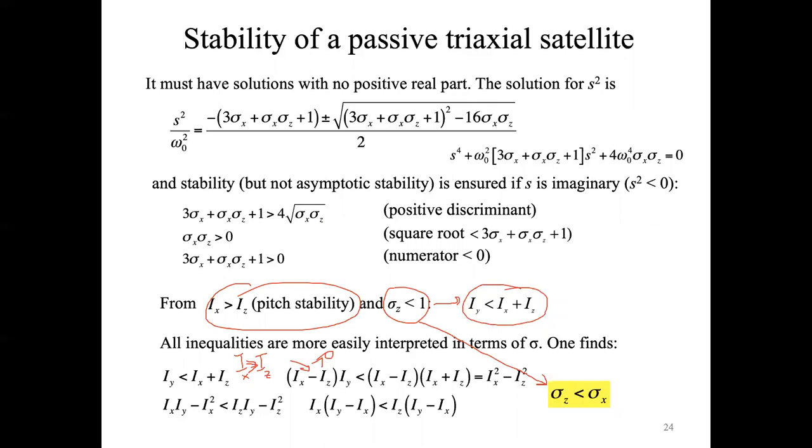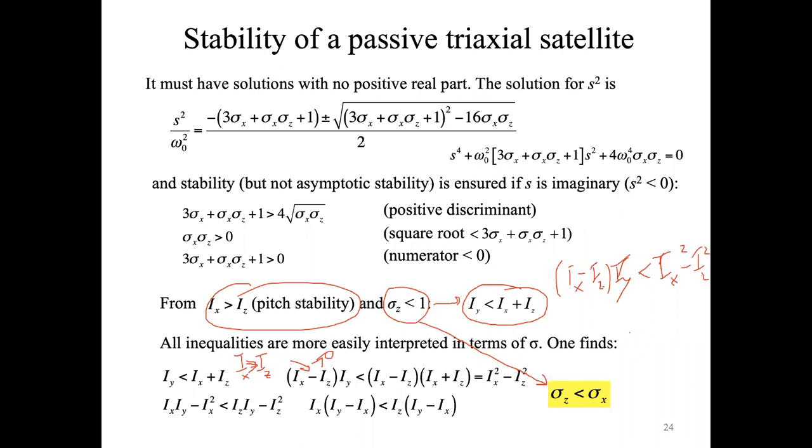So we have multiplied this one by Ix minus I zeta. So basically we did here Ix minus I zeta times Iy less than, since you are doing the same, Ix squared minus Iz squared.